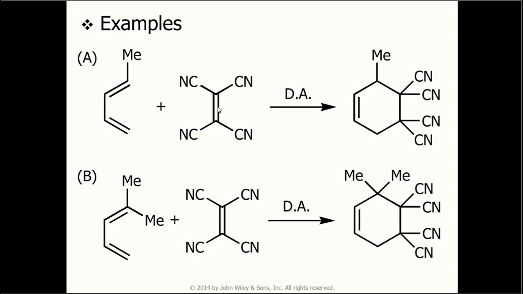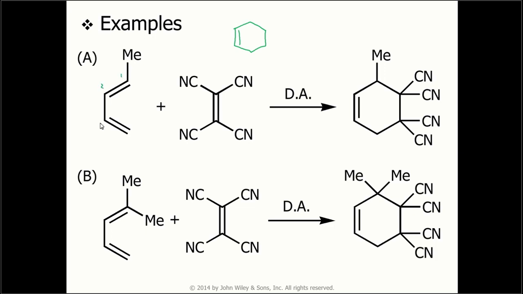So here are some examples. In this case, it doesn't really matter what you do because there's so much symmetry in the dienophile, and there's only one group on your diene. And if you're ever in doubt, what I would do here is draw your cyclohexene adduct, because we know this is always going to form a cyclohexene adduct.